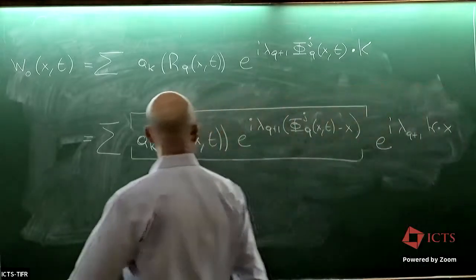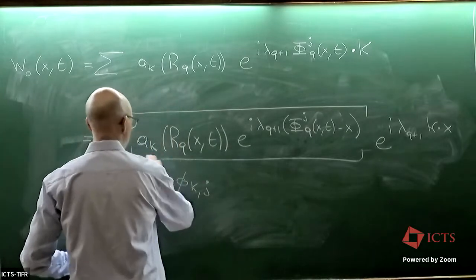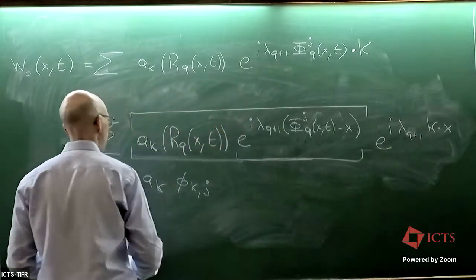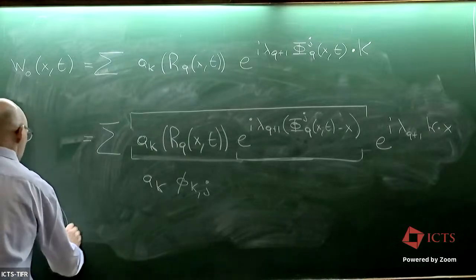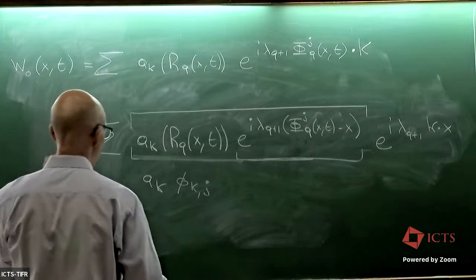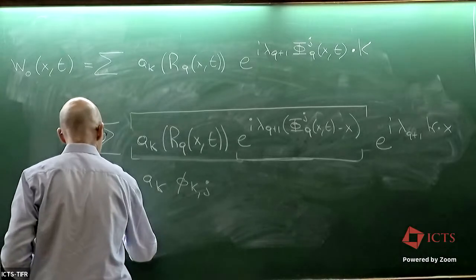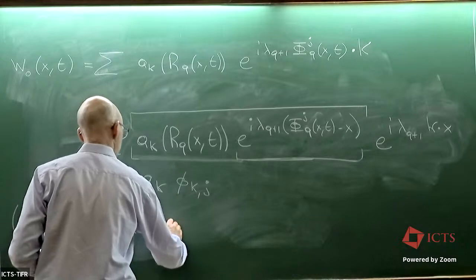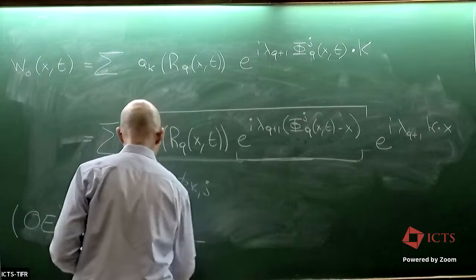So if I call all of this, okay, maybe phi chi j is going to be this guy. So the oscillation error is supposed to be something like this. It's going to be less or equal, and then I'm going to have the derivative of this quantity divided by lambda q plus 1.